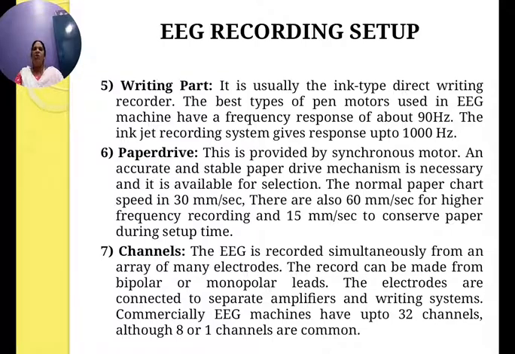Commercially, EEG machines have up to 32 channels, although 8 or 16 channels are common. So up to 32 channels you can have, but the most commonly used are 8 or 16 channels.